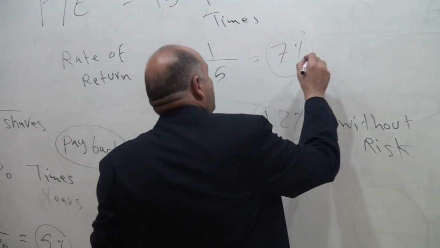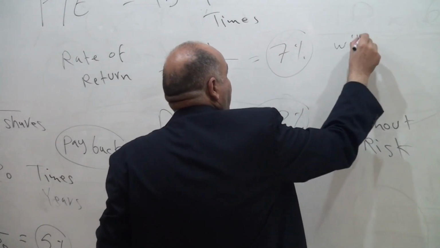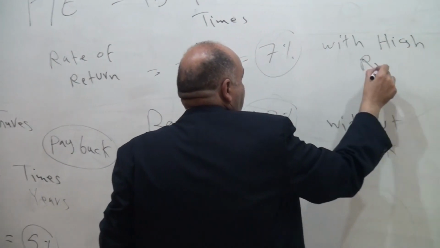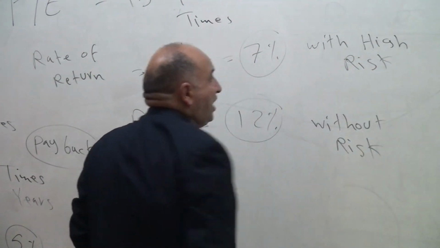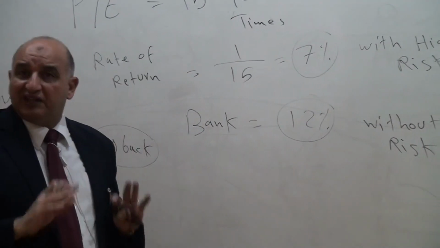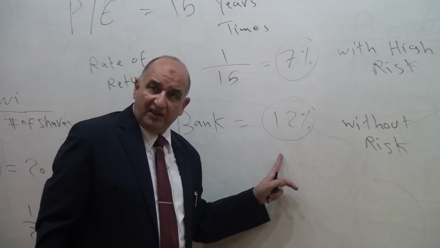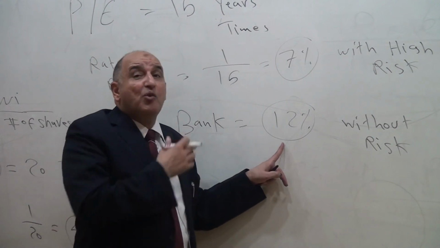If you invest in the stock market, you will generate 7% with high risk. So our stock market will go down and down because we have a very high interest rate in the bank. It is not recommended.